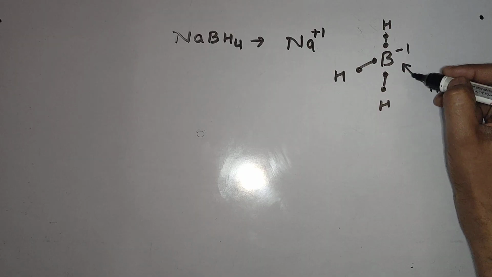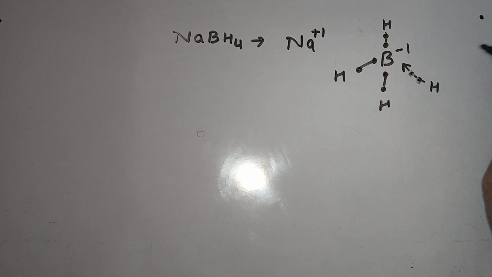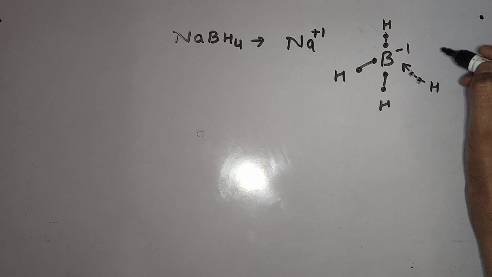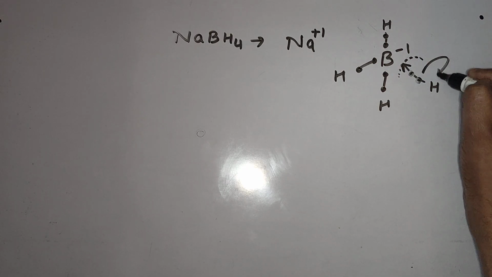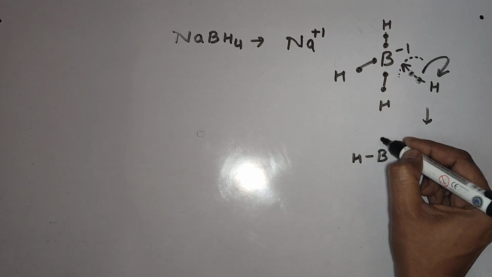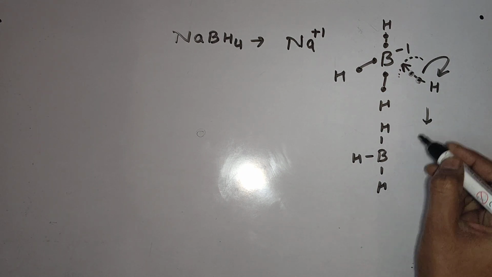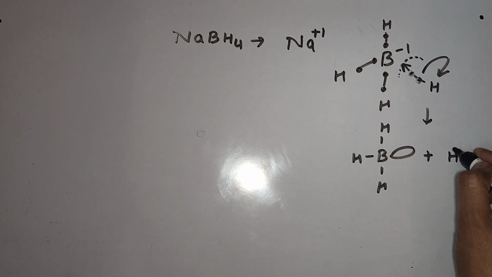The bond between hydrogen and boron will break. Hydrogen is more electronegative than boron. Both electrons will go toward hydrogen, and BH4 negative will turn to BH3 and the hydride particle will be generated back.